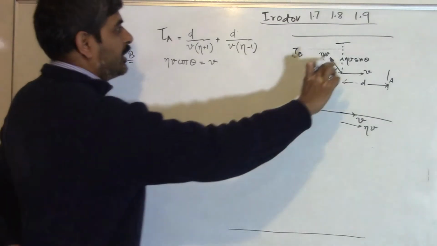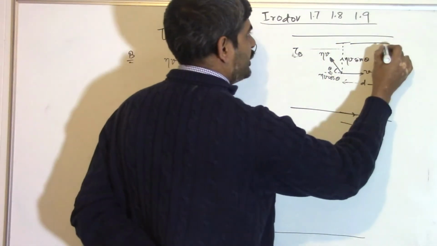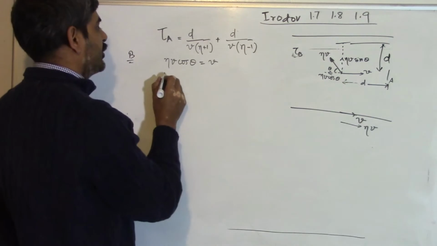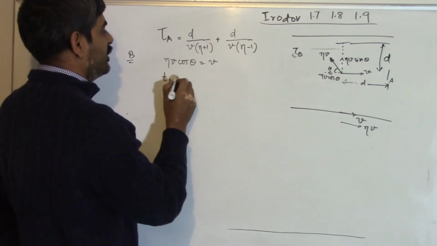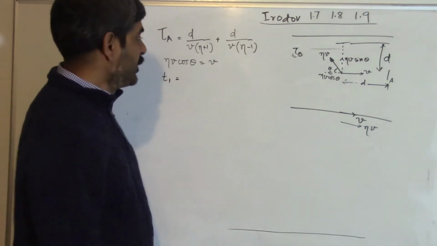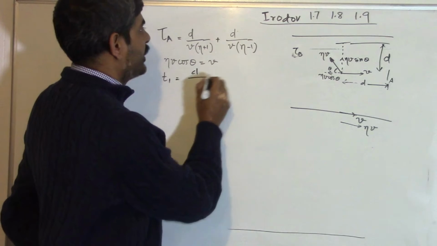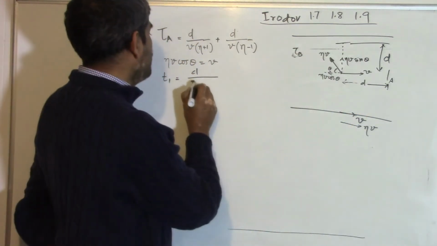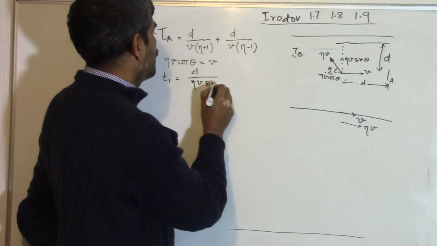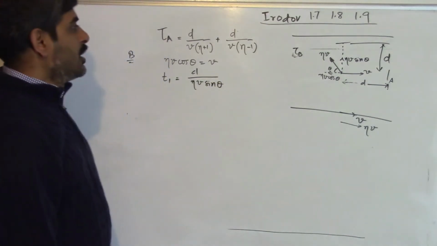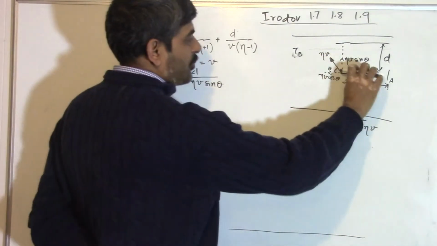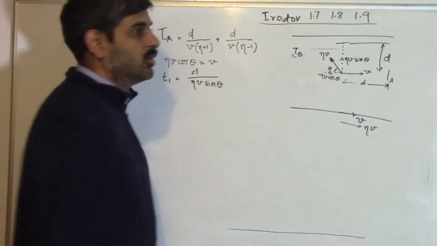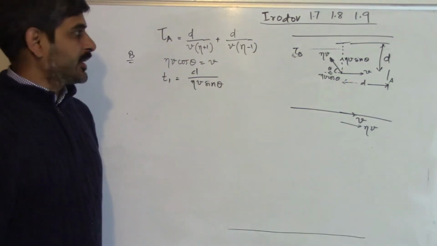So if it moves a distance d here, then the time taken, let's call it T1, is equal to this distance d divided by ηv sin theta. The horizontal components cancel each other, and even if they were there, they will have no role in the vertical direction.